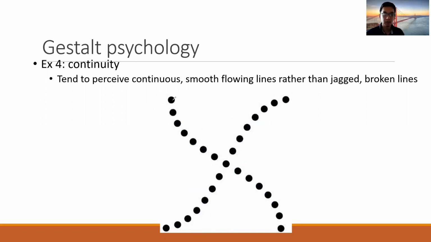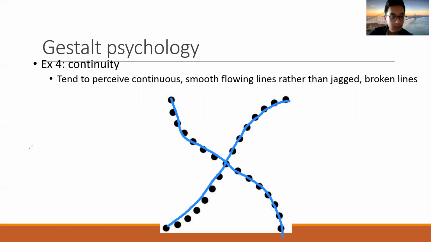People tend to perceive this as 1 line and this as another line. So why is that? Because people tend to see the continuous, smooth flowing lines rather than jagged, broken lines.